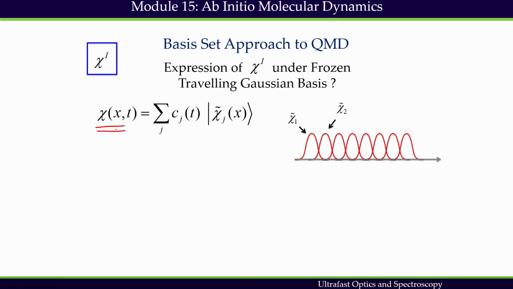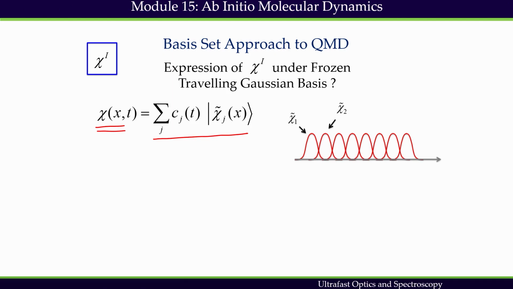The nuclear wave function will depend on space and time, x and t, which can be expressed as a linear combination of many trajectories. So many trajectories, what does it mean? It means that each trajectory is represented by a one-dimensional traveling Gaussian.